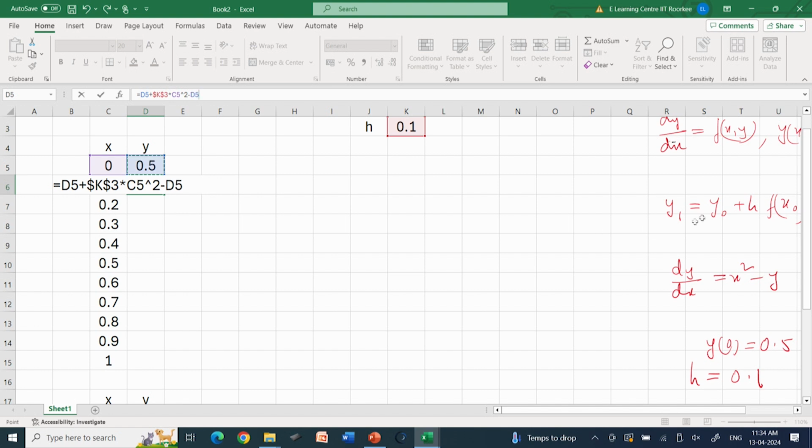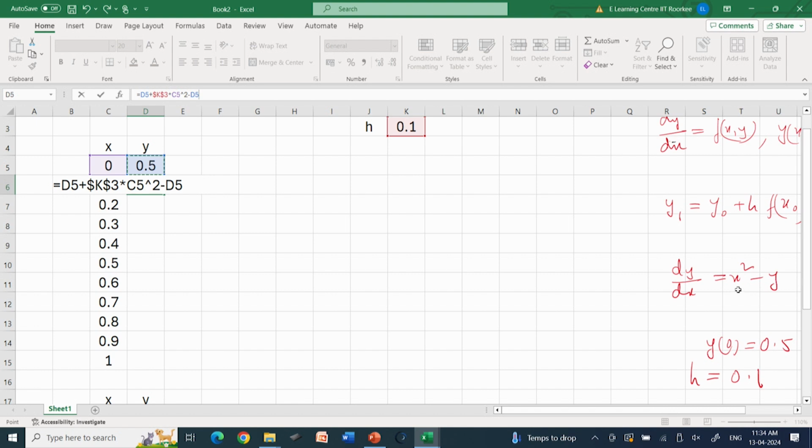That is y1 is equal to y0, which is here 0.5, plus h, which is here 0.1, multiplied by f(x0, y0). Whatever the functional form may be, in this case it is x square minus y, you just put the initial values x0 and y0 here.